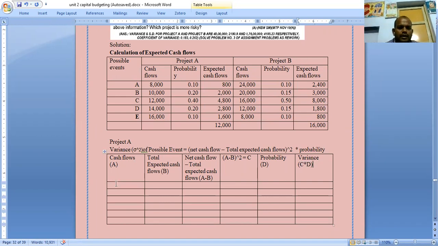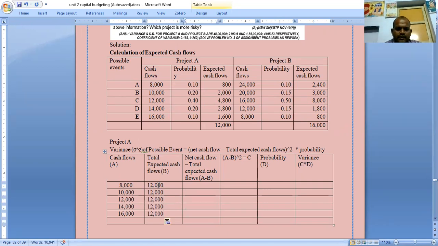So these are the cash flows, and total expected cash flows for project A, that is 12,000 for each event.